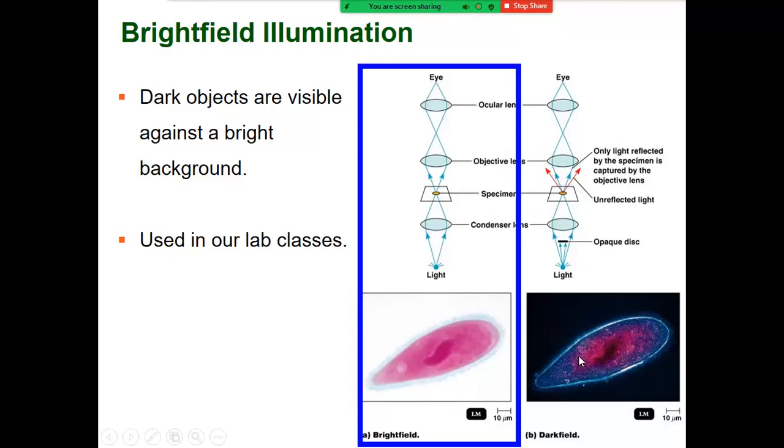And that's because it's getting some light that's refracted into position so that it is able to be collected by the objective lens. All the light that is not refracted will be blocked by the opaque disc, and so it would be dark. And that's why the background looks dark. Any questions about bright field illumination versus dark field illumination?